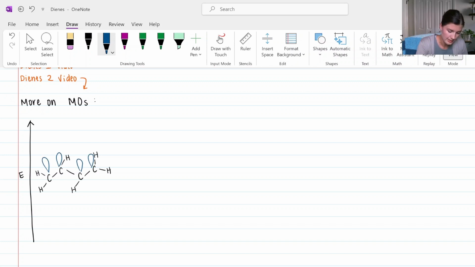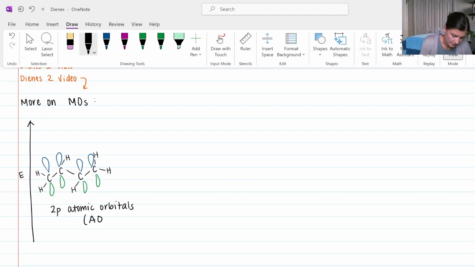So each carbon atom has an unhybridized p orbital. That is an atomic orbital. So we have 2p atomic orbitals. Atomic orbitals you can abbreviate as AOs. So all 2p atomic orbitals, they're all in the same plane.